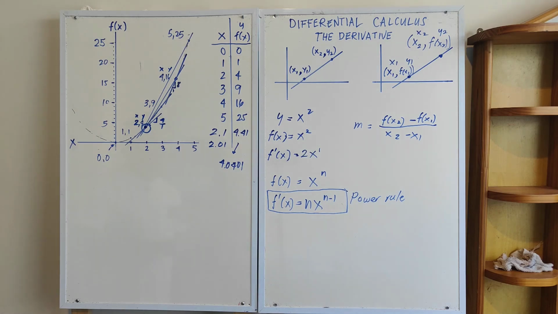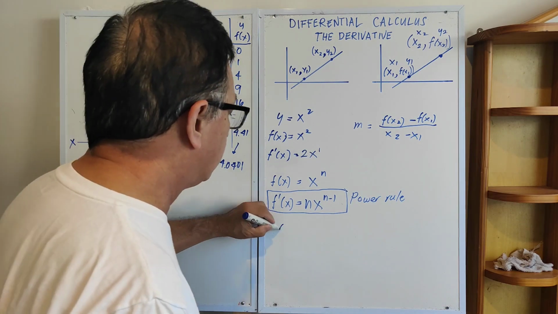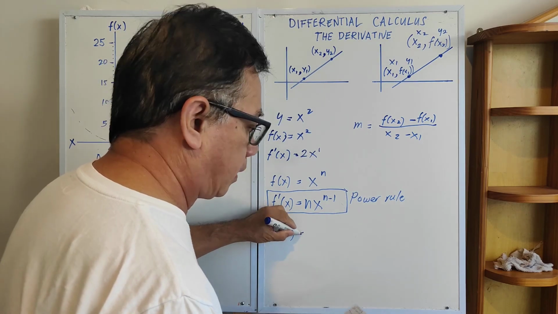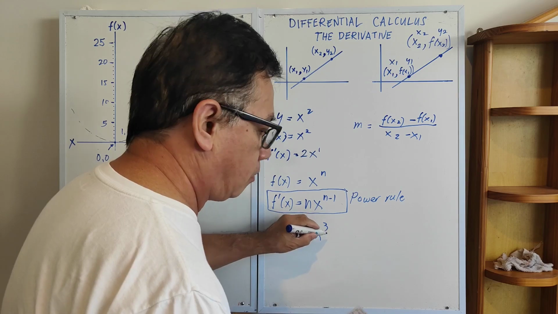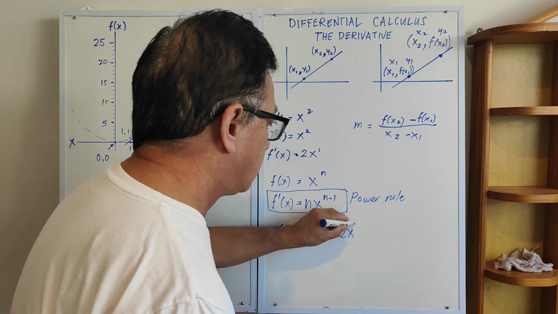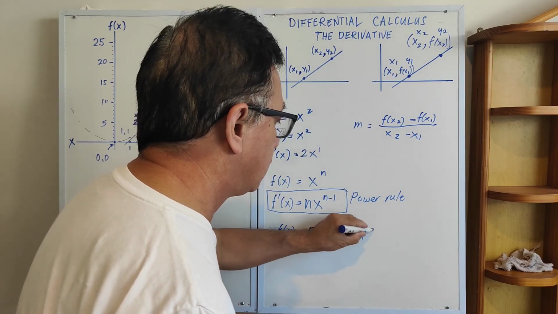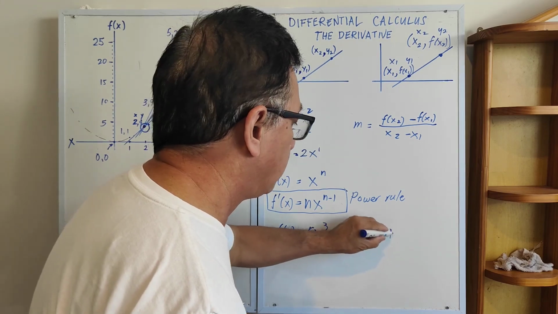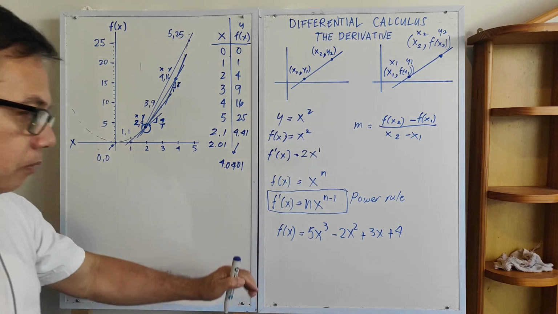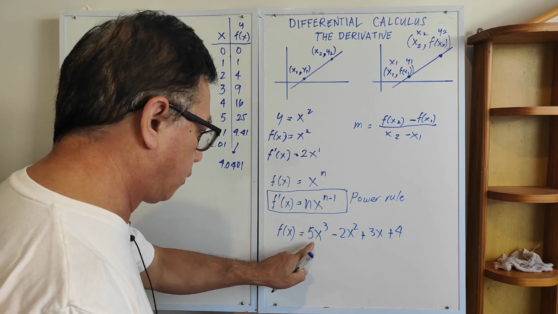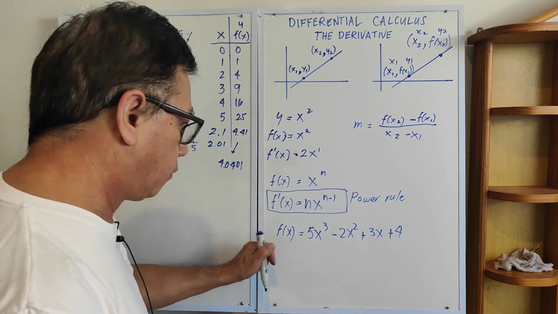Now let's take an example. Your equation is very complicated: 5x cubed minus 2x squared plus 3x plus 4. Using the power rule, the 3 goes down to the front, so it multiplies to 5.